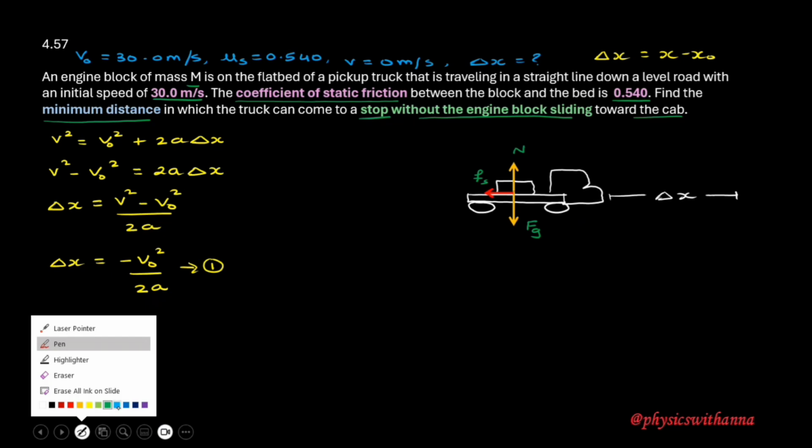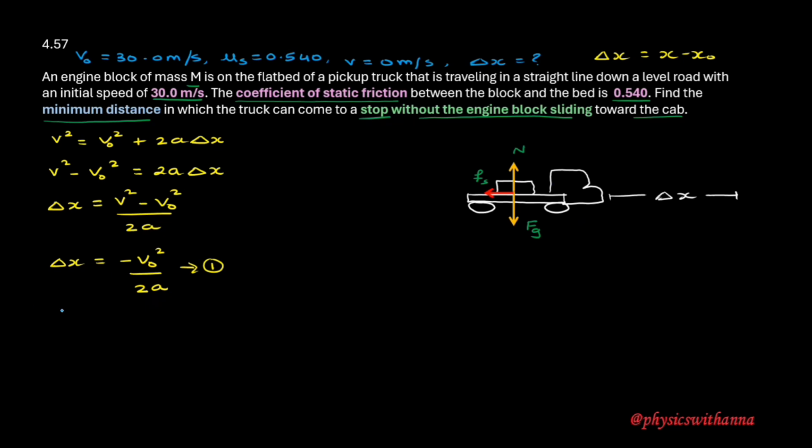So let us start with writing the equation along the y-axis. The engine block is not moving along the y-axis, so my acceleration along y would be equal to 0. So we can write F net along y to be equal to 0. There are two forces along y. First is the force due to gravity acting vertically down, and then you have the normal force perpendicular to the surface. By convention, we take any force going up to be positive and the ones going down to be negative.